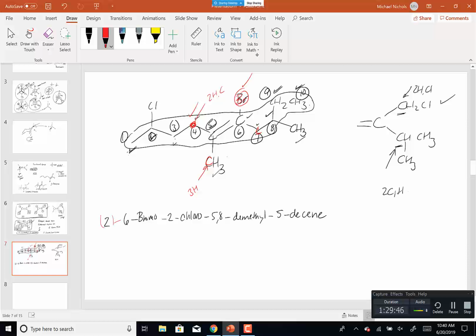So it's 6-bromo-2-chloro-5,8-dimethyl-5-decene, or dec-5-ene. So that's how we do it.